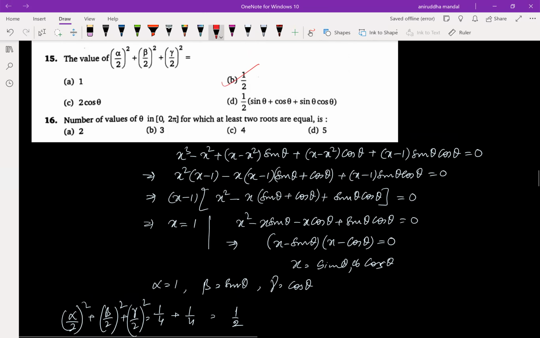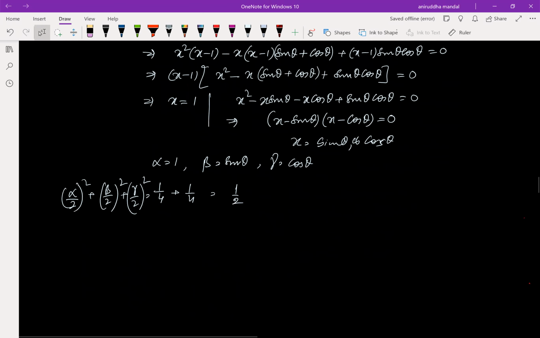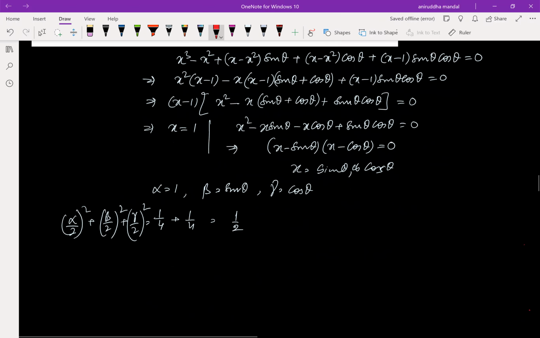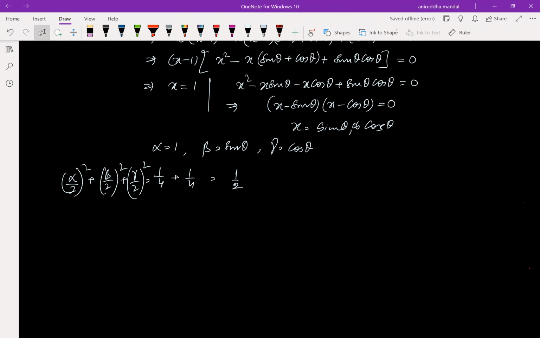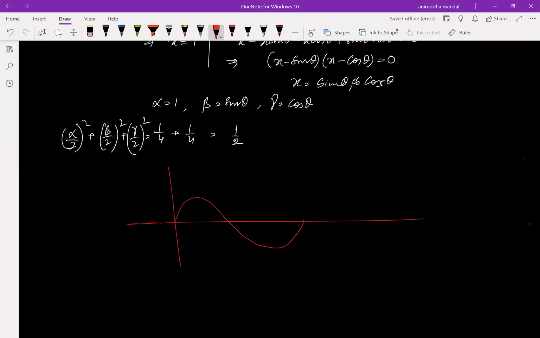Next is the number of values of theta for which at least two roots are equal. Okay, so these two roots are equal. So let's draw the graph of sine theta and cos theta in between 0 to 2 pi. Okay, so this is sine theta, and let's draw the graph of cos theta.